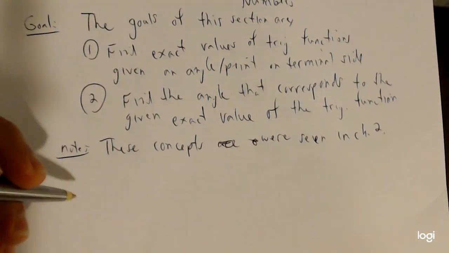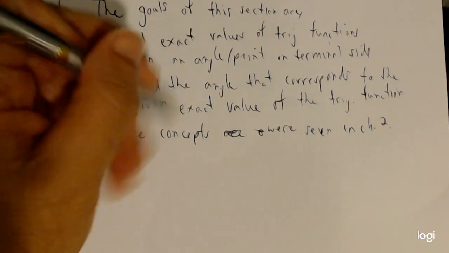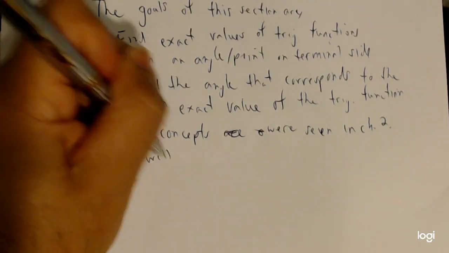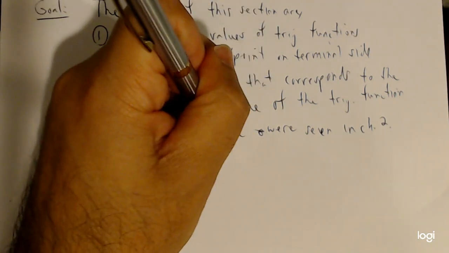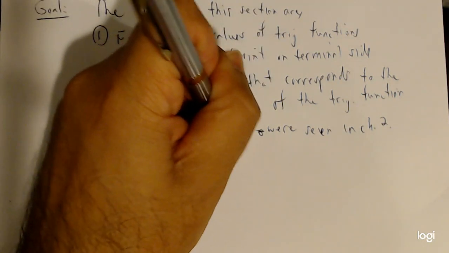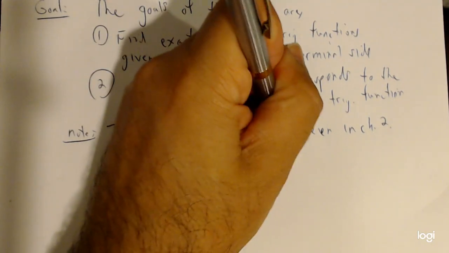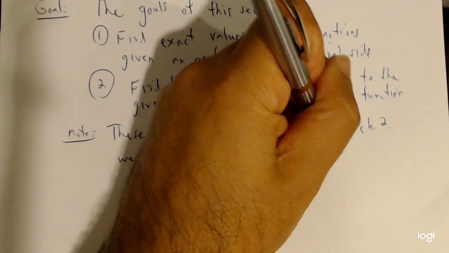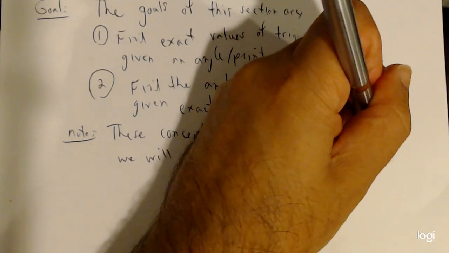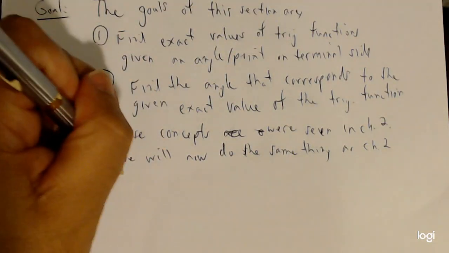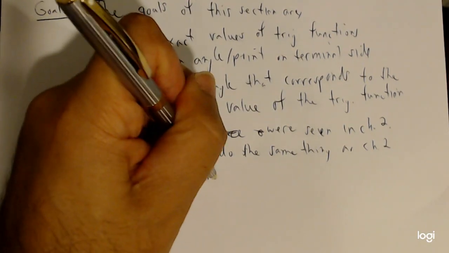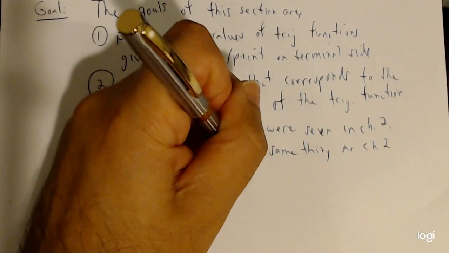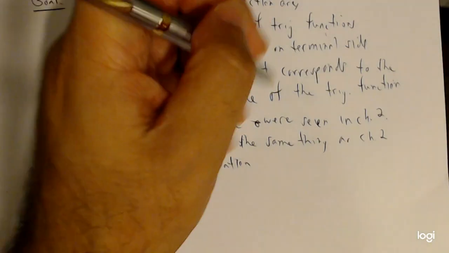Okay, so the main idea here is we will now do the same thing as chapter 2, but the information will be in radian measure.